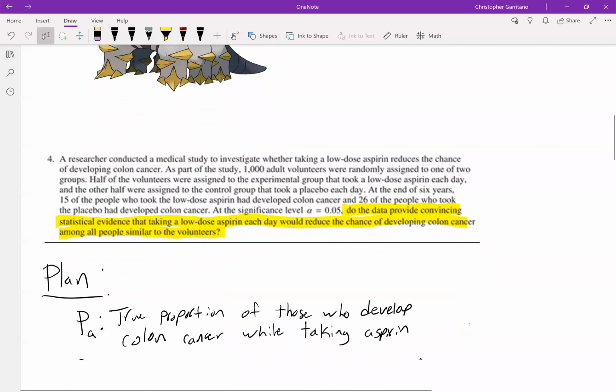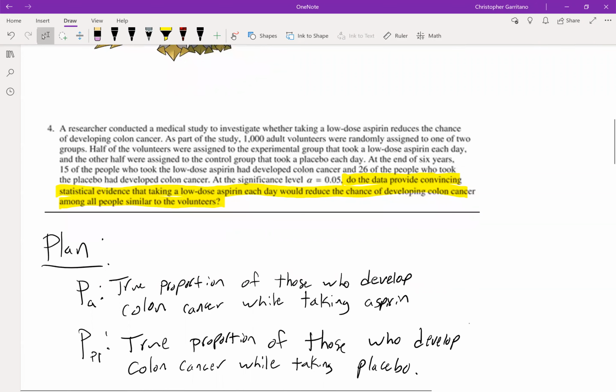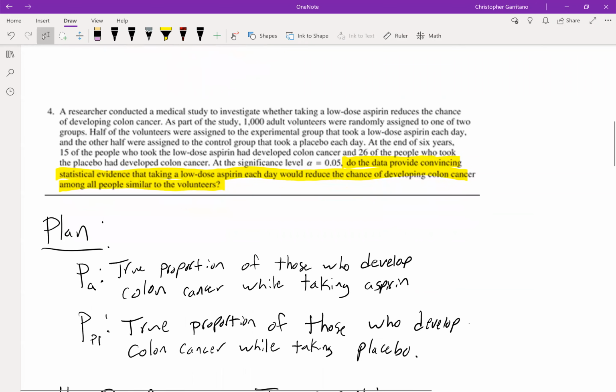All right, so this problem deals with a hypothesis test. And a few of you expressed some concern about how to choose the appropriate procedure. I'm definitely going to spend time focusing on that topic this week.